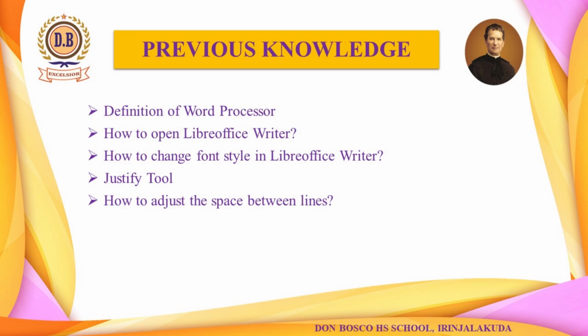For example, URW Chancery L is a font name. Then we studied the justify tool. What do you mean by justify tool? To align the left and right borders properly. Properly means in a straight line.